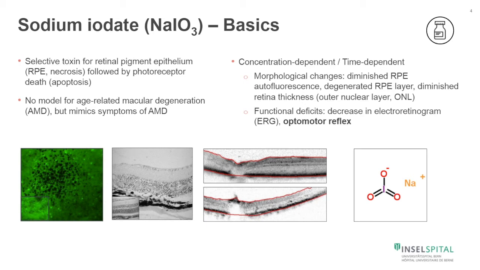So altogether, these morphological changes in the outer retina lead also to functional deficits, and these functional deficits can be measured in an electroretinogram, but also by using the optomotor reflex.